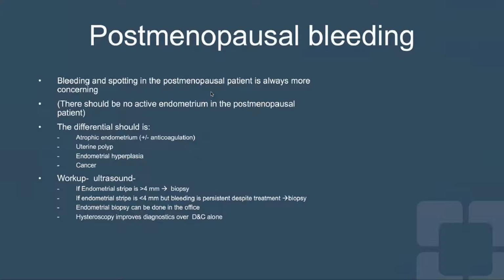And if it does, a histological sampling is necessary. Endometrial biopsy can be done in the office, but in women who, for some reason, endometrial biopsy is not possible, either due to intolerance of the procedure or sometimes the stenotic cervix, which is not uncommon in the postmenopausal woman, hysteroscopy improves diagnostics over D&C alone.